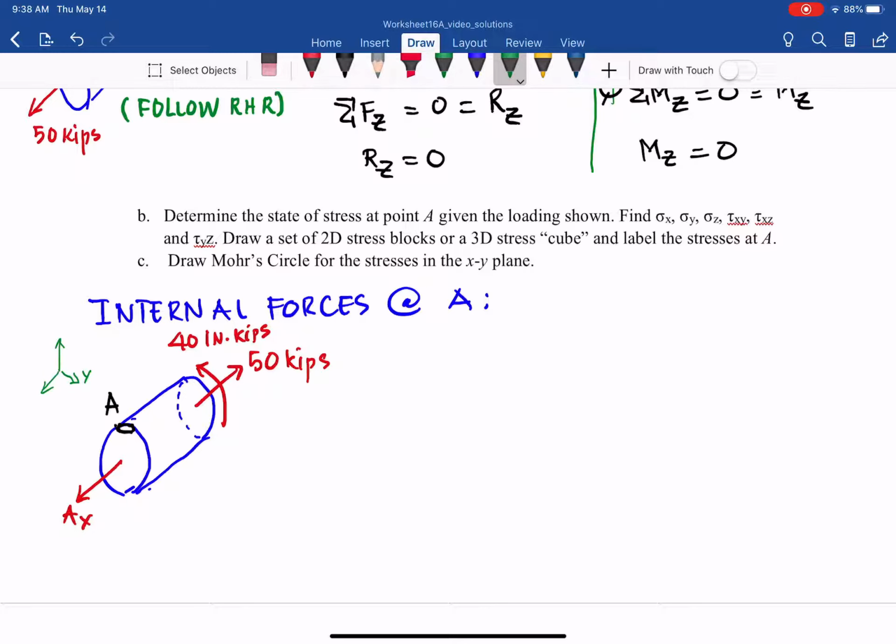So you have Y, Z. Sorry, that is X. Z. So we have that, and we have Ay, and Az, and then we have moments, following the right-hand rule: Mx, Mz, My.